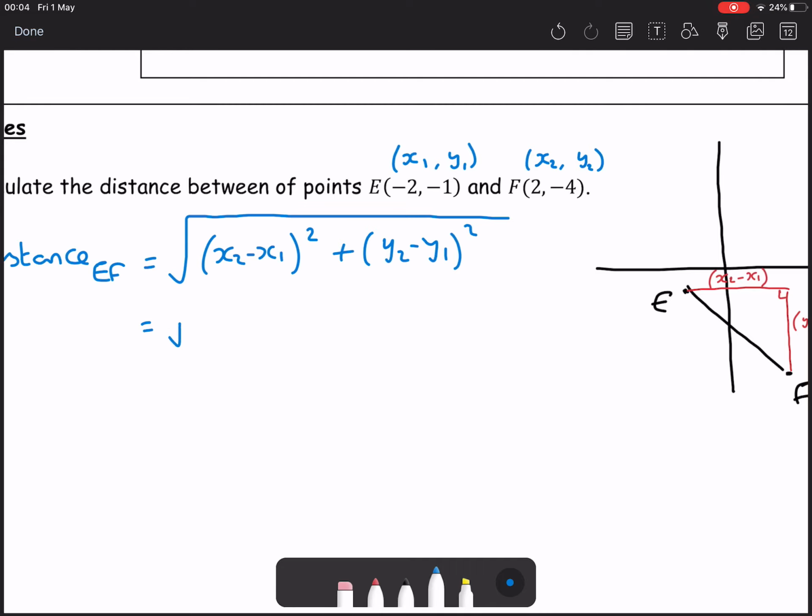So substituting in, 2 minus minus 2, and minus 4 minus minus 1, and both of them are squared.